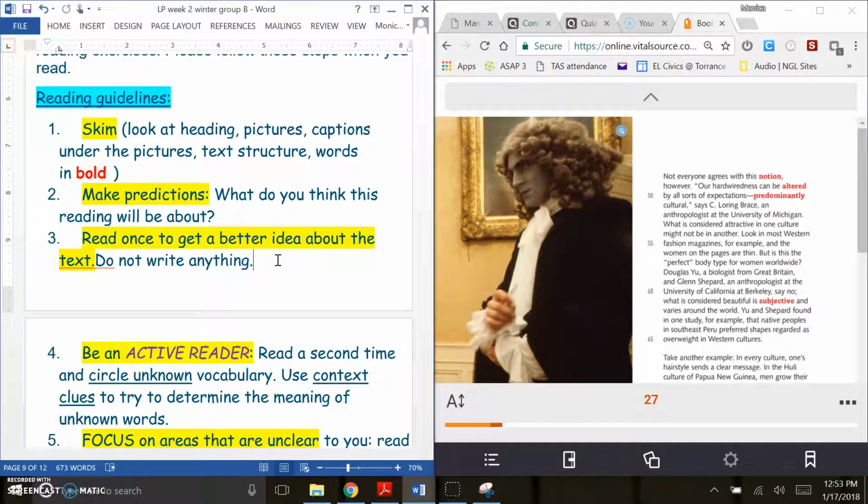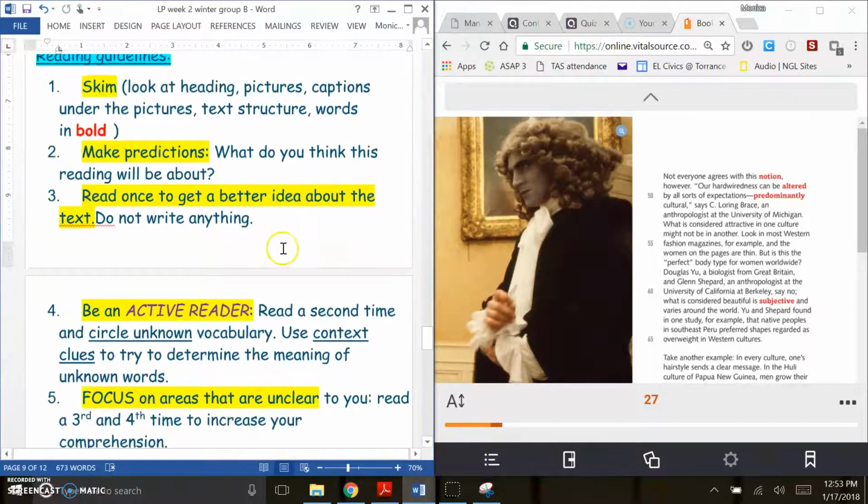If you understand everything 100%, you should not be in intermediate high B, okay? So please do not stress out about understanding 100%, okay? You're not writing anything. You're just reading, okay? You're just reading.